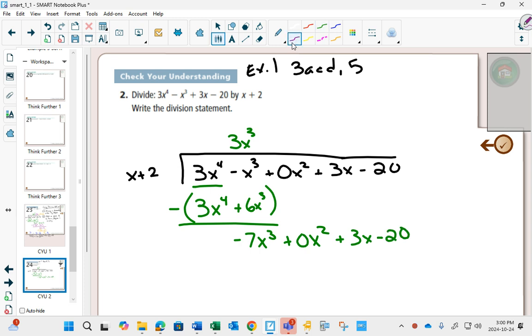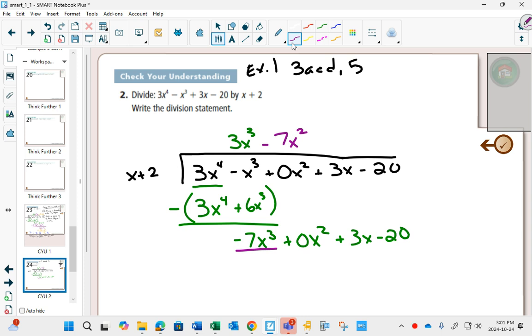Switch colors. Purple's next. Is there anything you could multiply x by to get negative 7x cubed? Negative 7x squared. And so it's nice that we added the 0 for the x squared because we have a column for it.